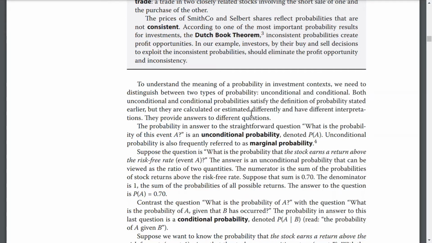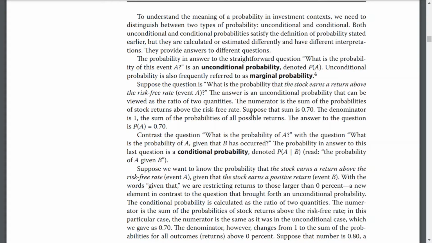The answer to the straightforward question, what is the probability of event A, is an unconditional probability, denoted as P(A), the probability of A occurring. Unconditional probability is also frequently referred to as marginal probability. Suppose the question is, what is the probability that a stock earns a return above the risk-free rate, event A?